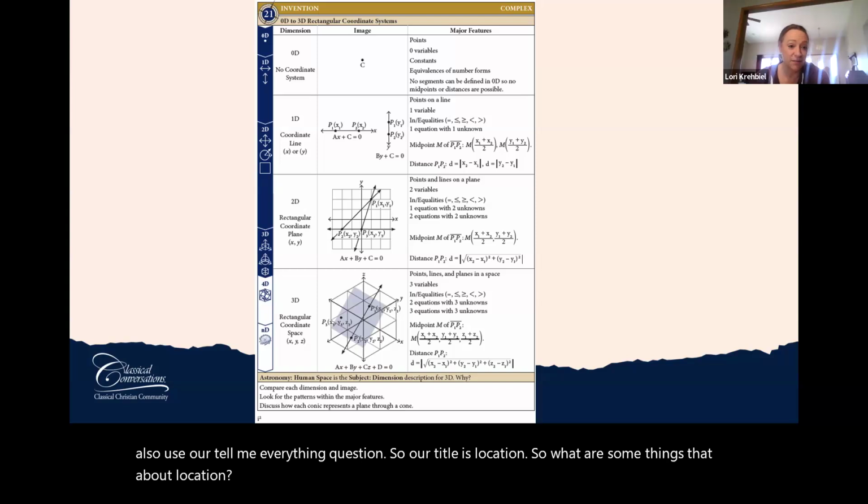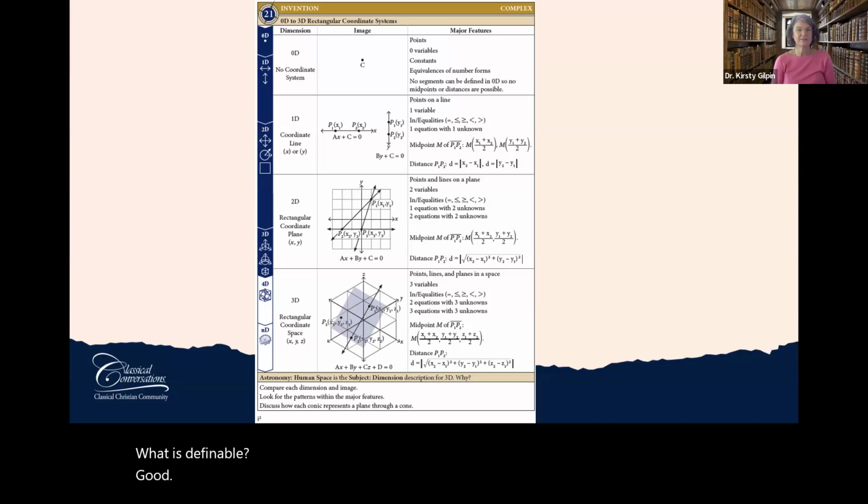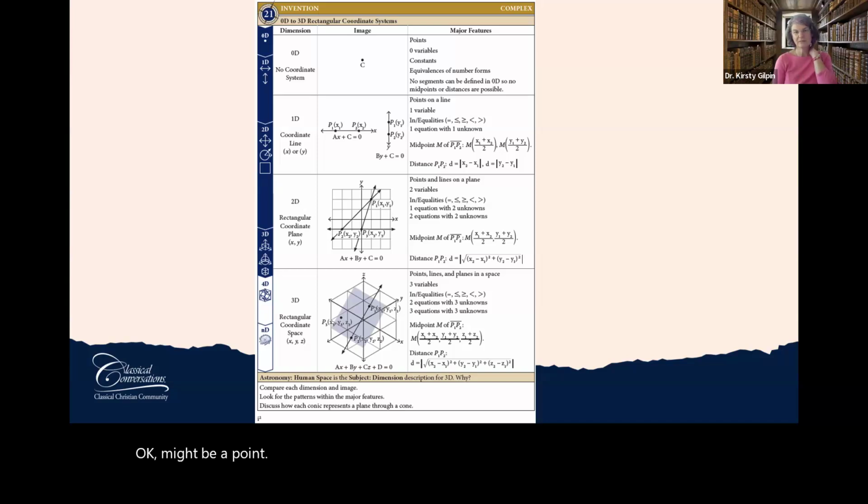Well, it is definable. Good. It's a point. Okay, it might be a point. You can find it in different directions, like north, south, east, west, or up, down, left, right. Good, it can have coordinates.